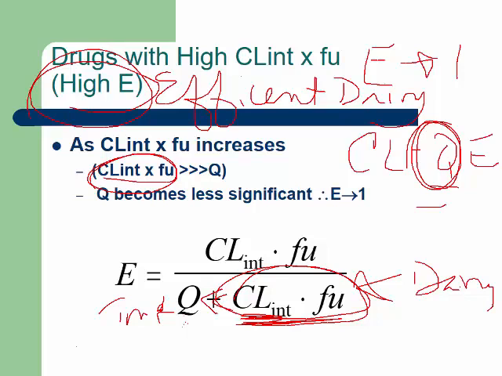The trucks are slower; they're the rate limiting step. If you've ever been on a relay team, you're only as fast as your slowest person. Your slowest person is your rate limiting step. So in this case, the trucks bringing the drug in, or the blood flow, are the rate limiting step. So this becomes much greater than this, and Q becomes less significant in the denominator as E increases.